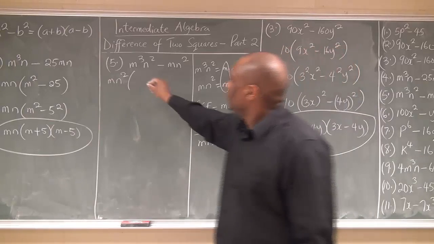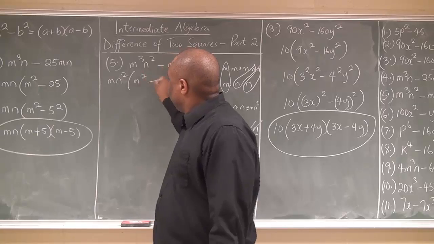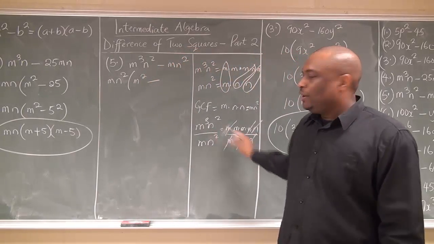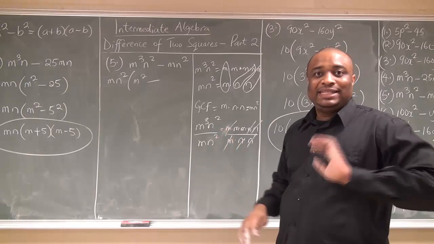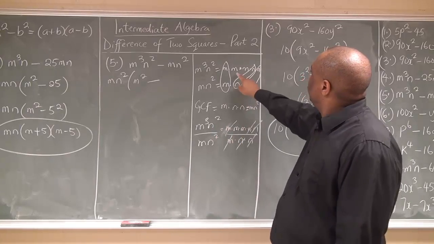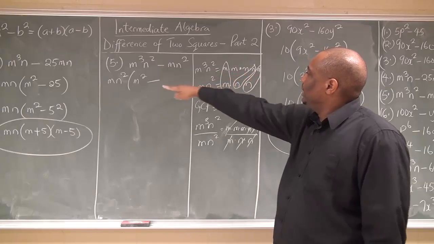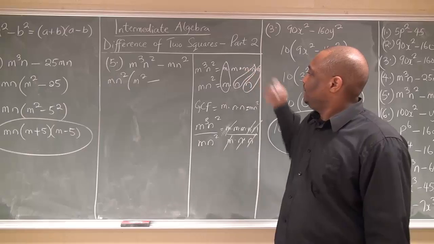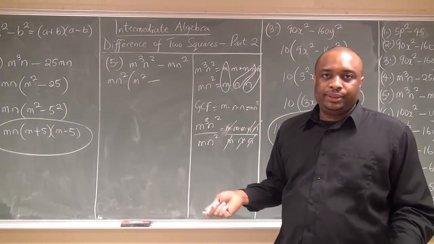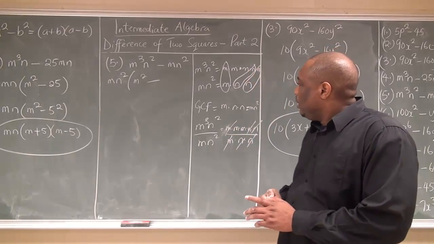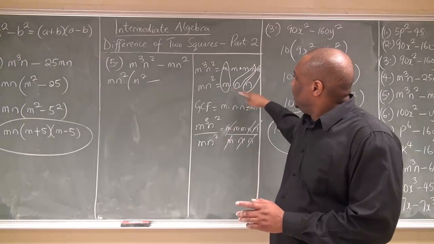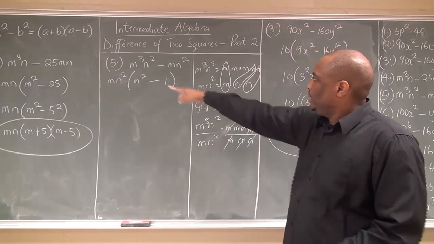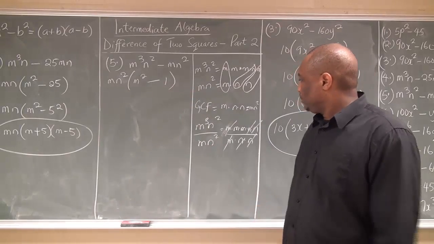But instead of doing this, you know the easiest thing you can do? When you get the GCF, what is remaining here is m squared. And what is remaining here is just 1, because mn squared divided by mn squared is 1.